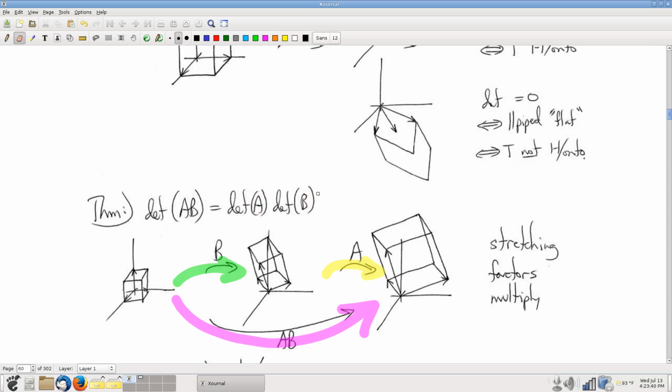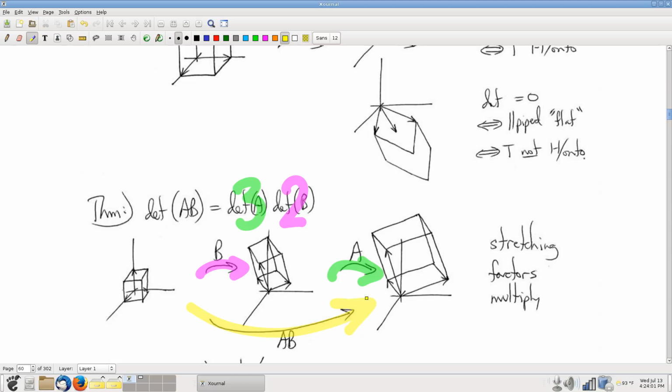So let's just think about this from a point of view of some numbers. If this stretches volumes by a factor of 2, and if this stretches volumes by a factor of 3, well, no surprise, doing both together stretches volumes, well, first by 2 and then by 3, and altogether stretches volumes by 6. Right? Very natural that these things multiply.